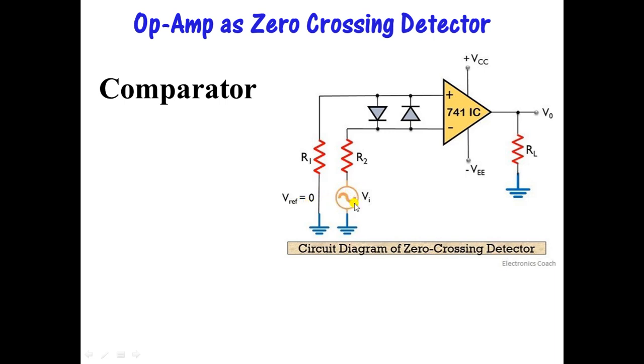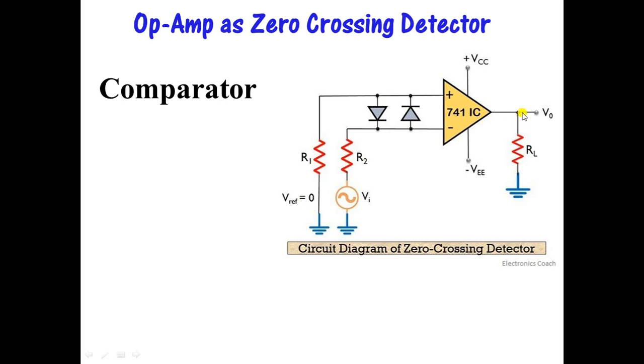So what is op-amp as zero crossing detector? It is basically a comparator that compares between the input voltage given at the positive input terminal and the input voltage given at the negative input terminal. In a zero crossing detector, the reference voltage is always equal to 0 volts.